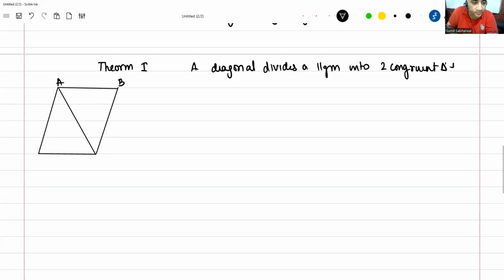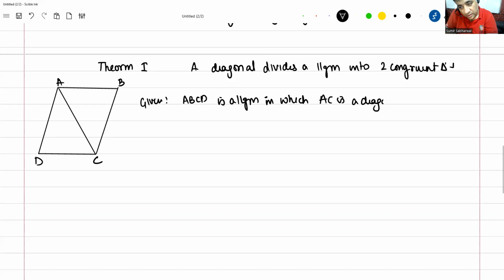Given: ABCD is a parallelogram in which AC is a diagonal.